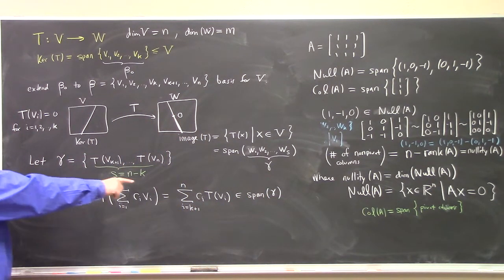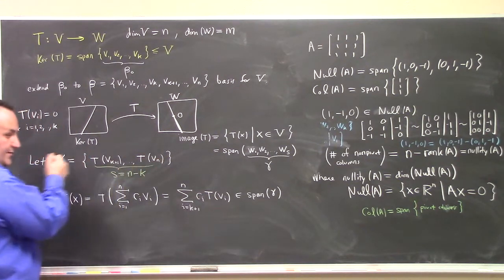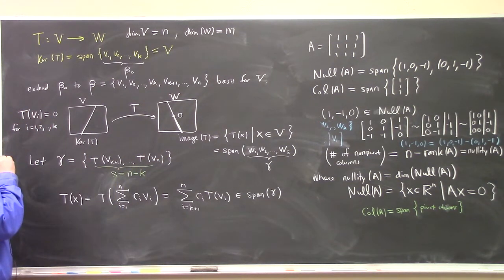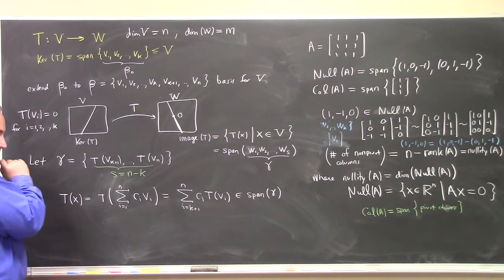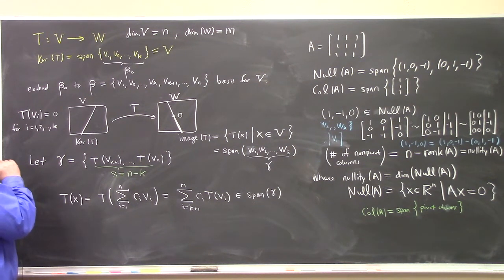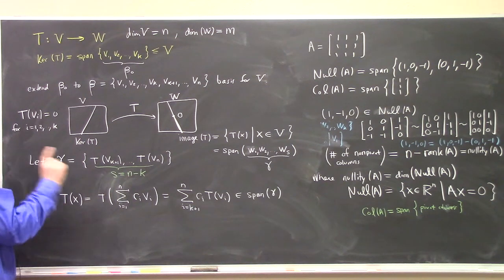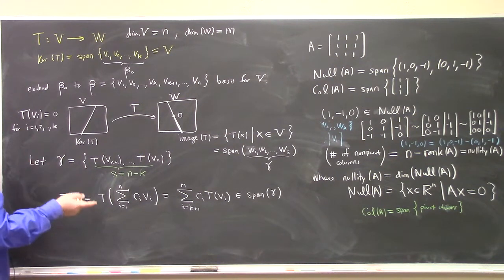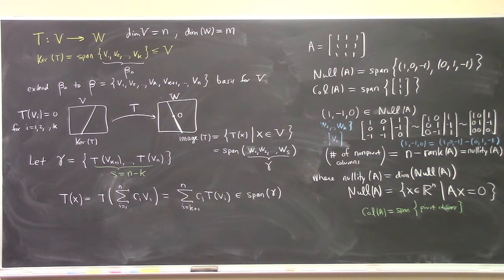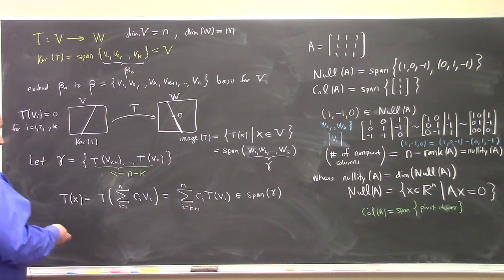So gamma is a generating set for the image of T. What remains is, why is gamma linearly independent? Just because it's a generating set doesn't mean it's a basis, right?